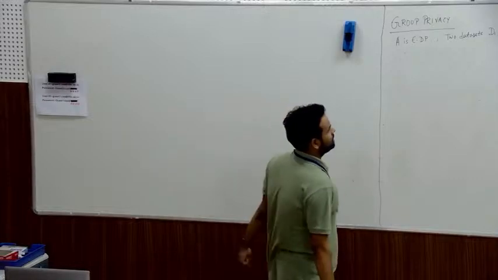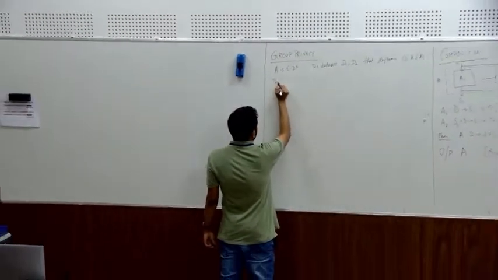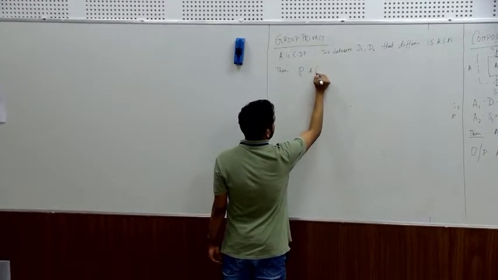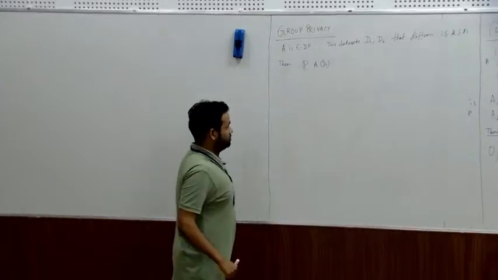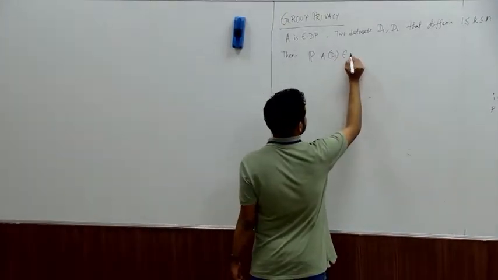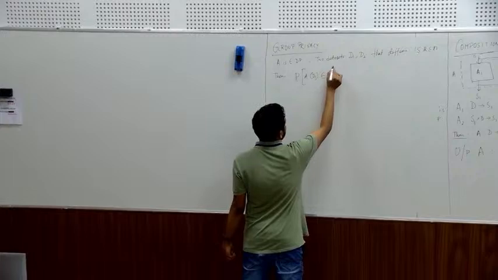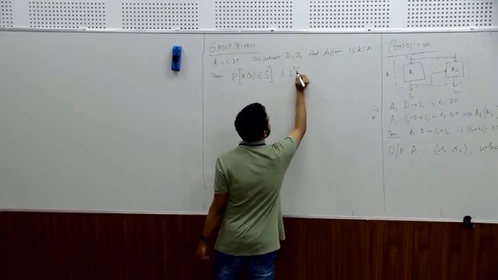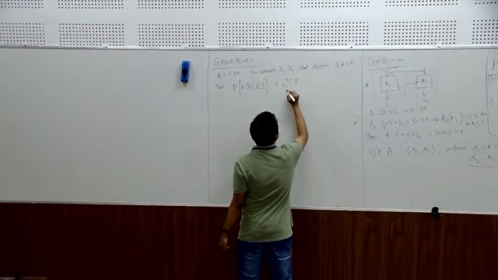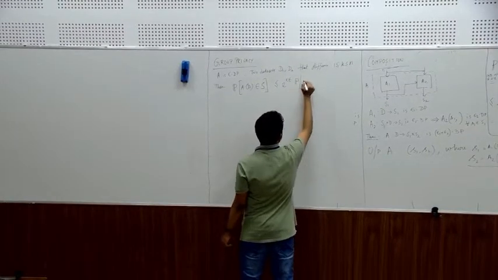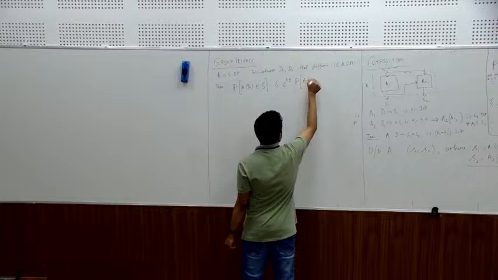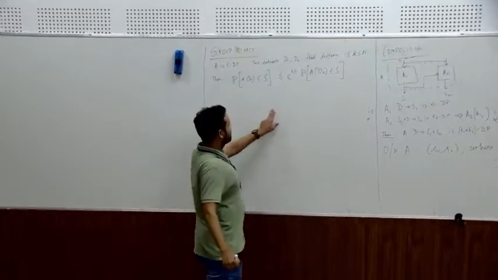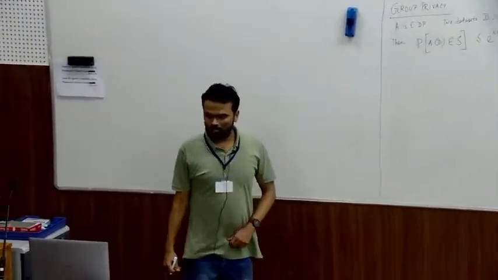Then the theorem was: the probability of A(D1) belongs to S, where S is the range space of A, is less than or equal to e to the power k epsilon times the probability of A(D2) belongs to S. This we have, right?